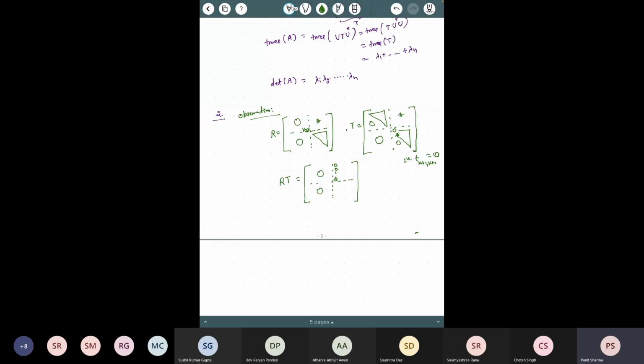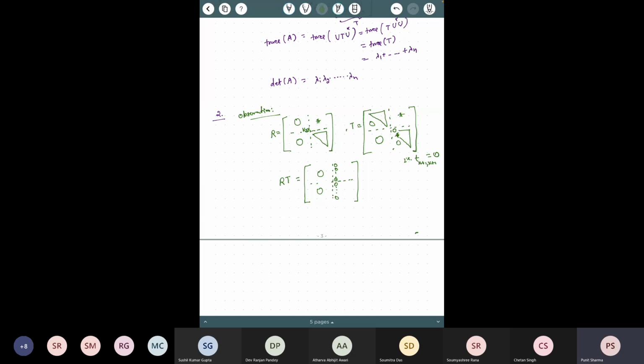What about the other entries in this column? Just multiply again, the same way. This row here will be multiplied. Also 0. So in fact, all the entries in this column would be 0.